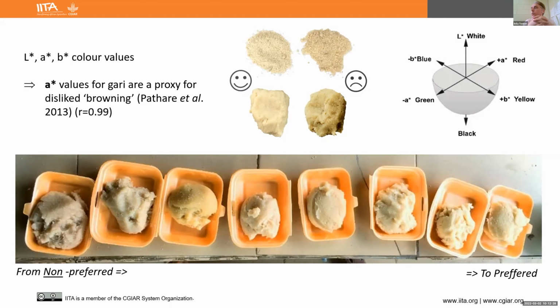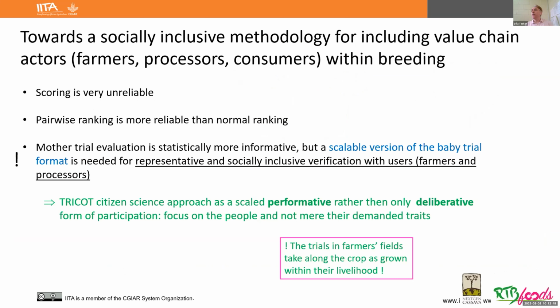So the A value was exactly related to a browning formula, and there was a 99 percent correlation. And you see here the one that is not preferred and the other one that is preferred, and this is crucial information.